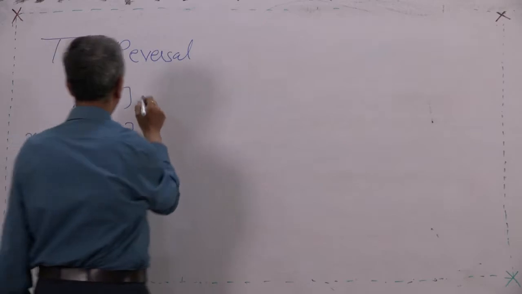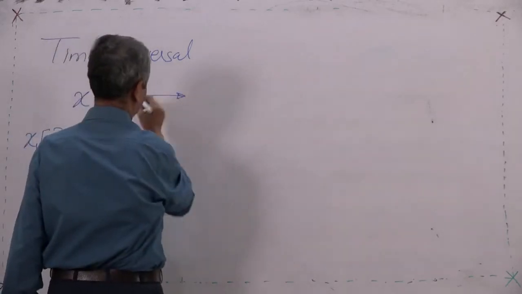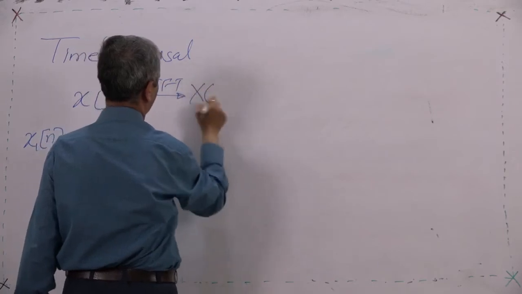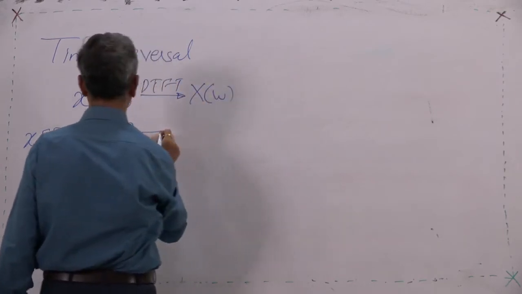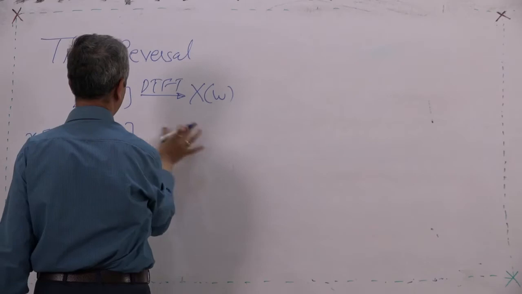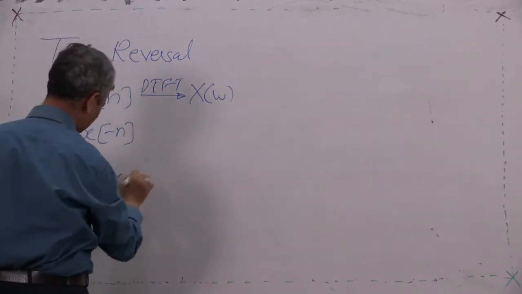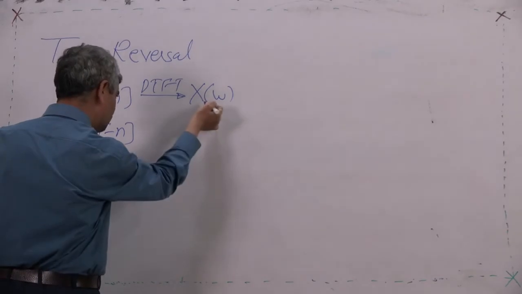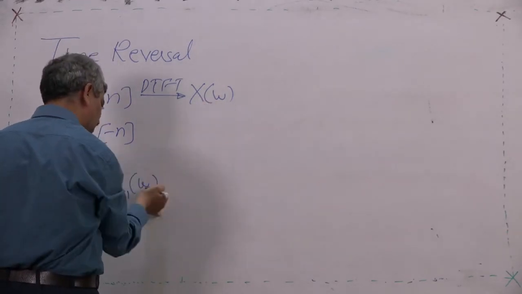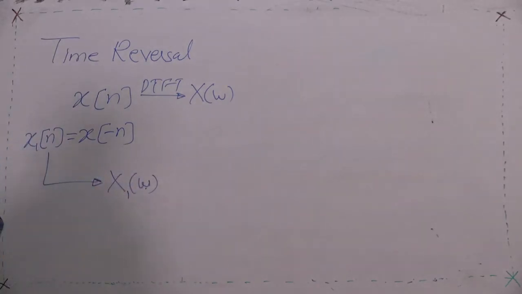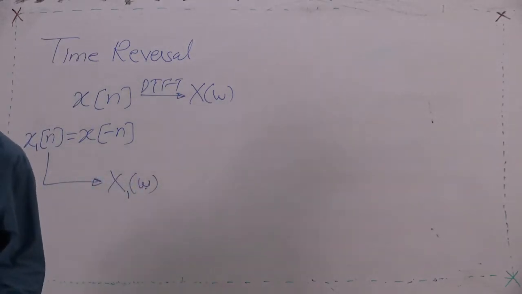So, if we know that x[n] is getting transformed to X(omega), then x1[n] will be getting transformed to say X1(omega). We want to know what is the relationship between X1(omega) and X(omega). It is quite simple. We are just dealing with it because one should not say that it was not covered.